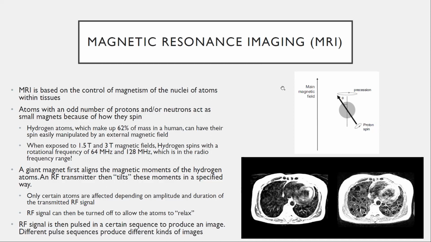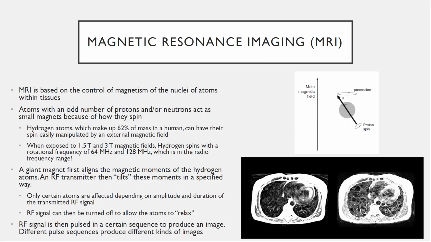the magnetism of the nuclei of all the atoms within the tissue, right? The thing with these atoms is that some of them can have an odd number of protons or neutrons. Okay, and this is significant for these kinds of atoms, hydrogen being one big example, because hydrogen is the first element in the periodic table, so it just has one proton.